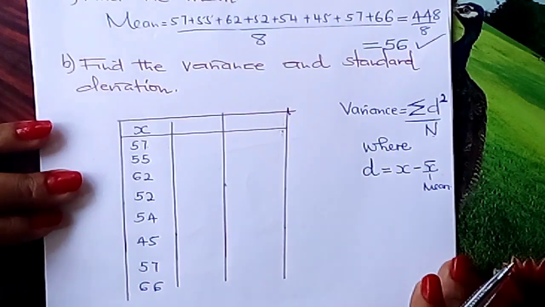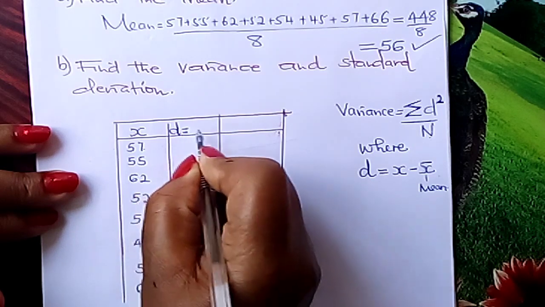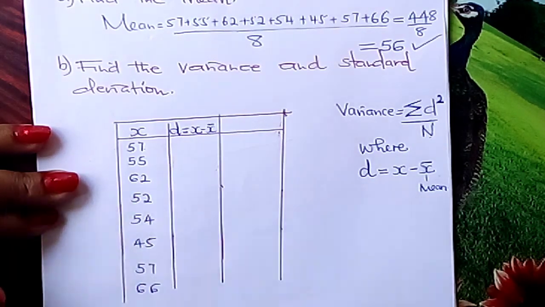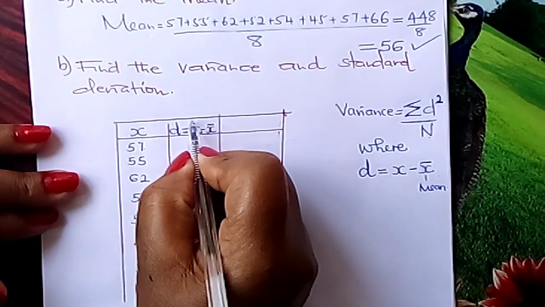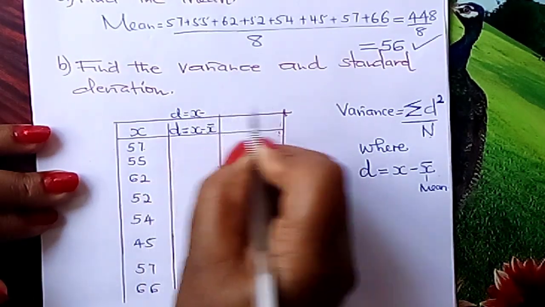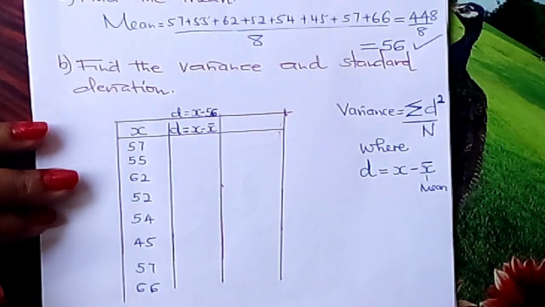That is our x. Then from there, learner, you come and put your d. D is equal to x minus x bar, which means in this case d is x minus what? 56. 56 was our mean.